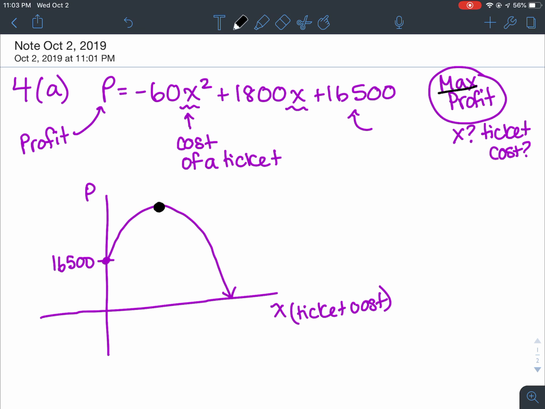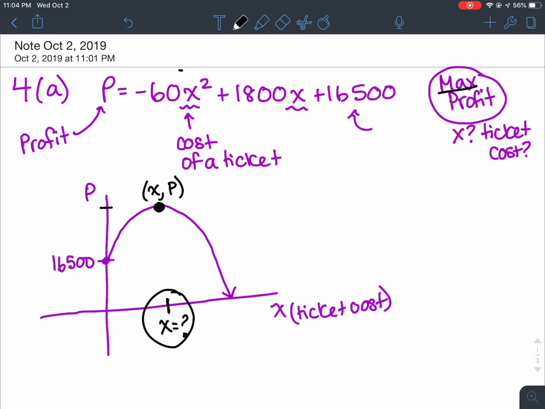And that makes sense, right? Because the max profit is going to occur at that point, and that X value is going to be the value where the tickets will maximize the profits. So we're looking for this value right here, and it's just going to be our X coordinate of the vertex.